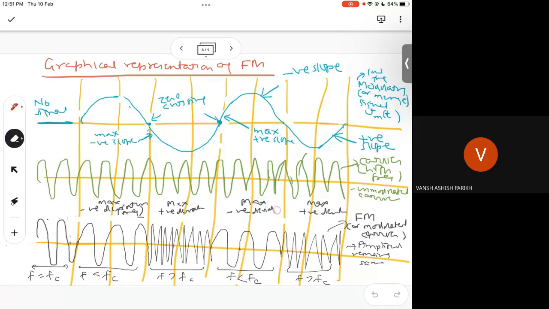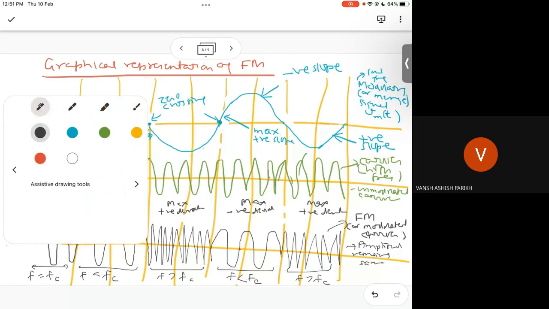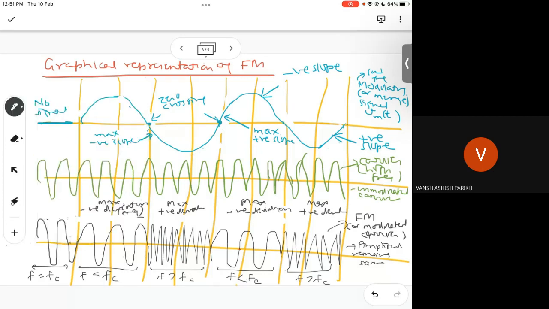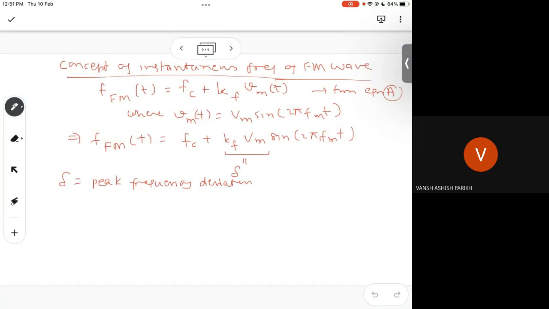So here I defined mathematically what we have seen graphically. What is this peak frequency deviation? We define it as the maximum change in frequency on either side of the carrier frequency. It could be positive or it could be negative. Why is it the maximum?